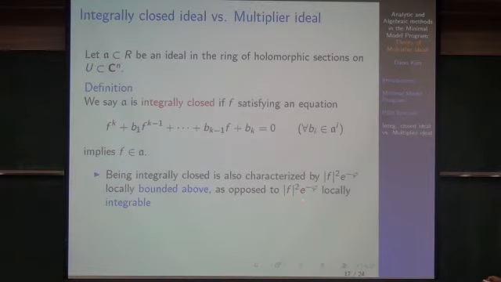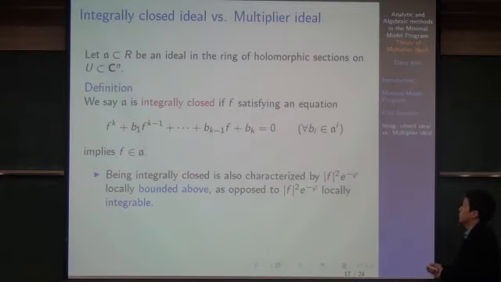And instead of integrable, if you look at the sup norm, or whether this is bounded above locally, I mean, given a singular weight and you collect all those function germs satisfying this quantity locally bounded above, then you have an integrally closed ideal, not a multiplier ideal.